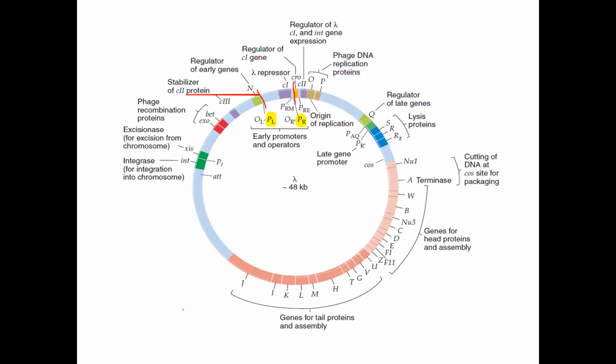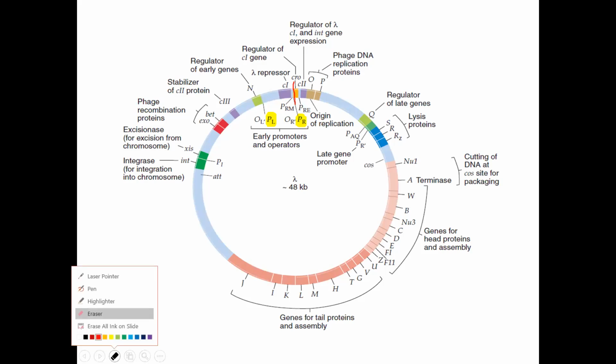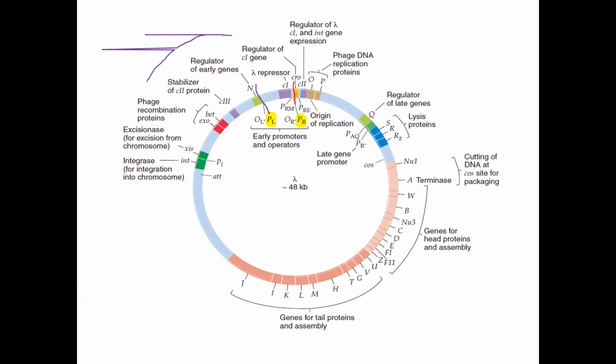From this PL, the RNA polymerase will sit at PL and will move in the leftward direction. And the first gene to be transcribed is the N gene.